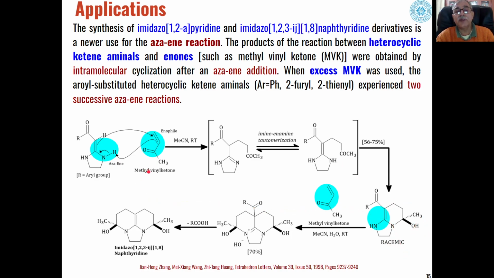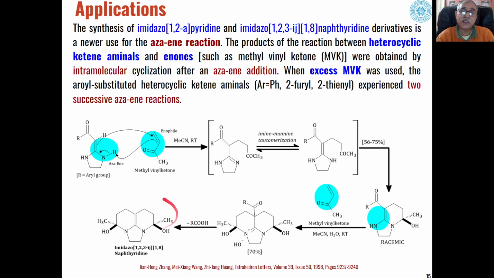And when we use an excess of methyl vinyl ketone, then the second mole of methyl vinyl ketone will further react with this nitrogen system, and we will ultimately get the formation of imidazo[1,2,3-ij][1,8]naphthyridine systems as the product, and this reaction is called an aza-ene reaction.